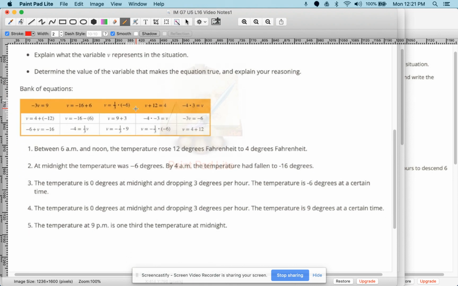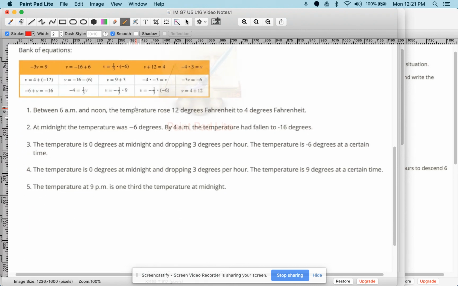So let's see what we've got here. The first one says that between 6 a.m. and noon, the temperature rose 12 degrees Fahrenheit to 4 degrees Fahrenheit. So basically, we have a temperature that is going up. It's rising 12 degrees, and it ends up at 4 degrees.